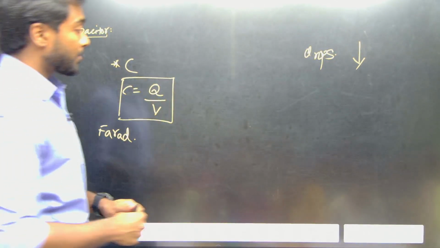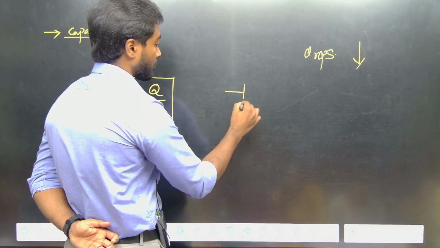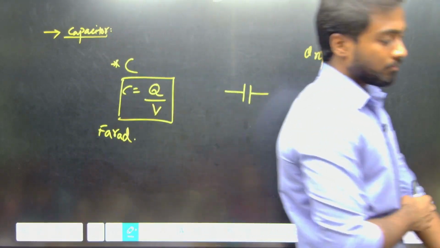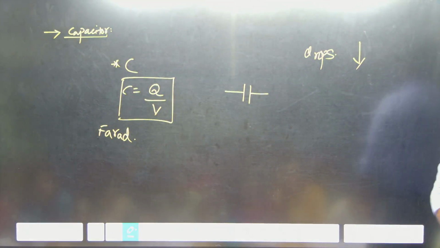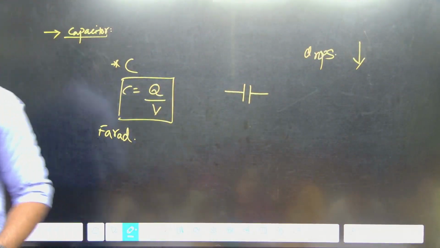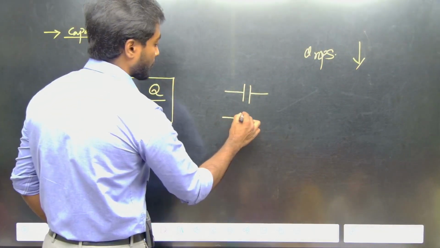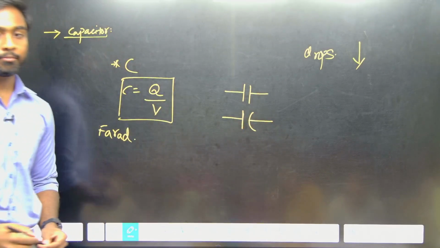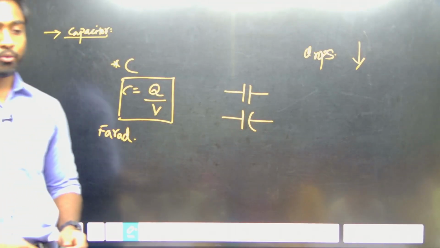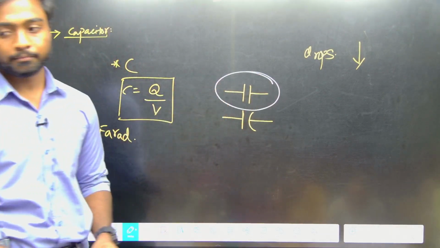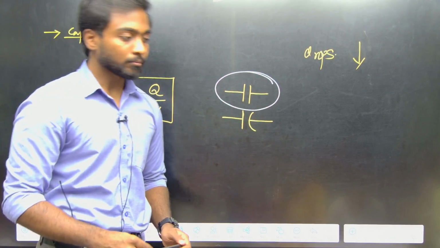The symbol looks like this, two parallel plates. In some textbooks they have given the symbol like this also. These are the two symbols; mostly we'll use this one only.